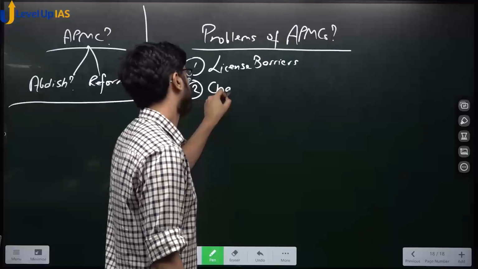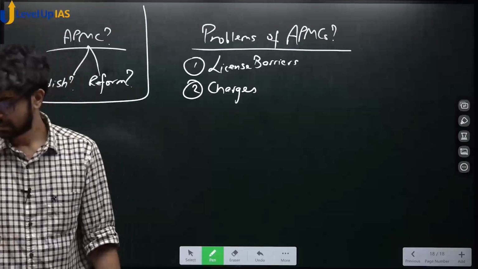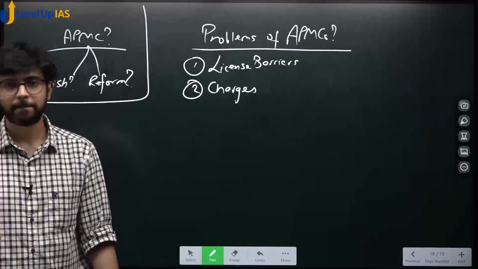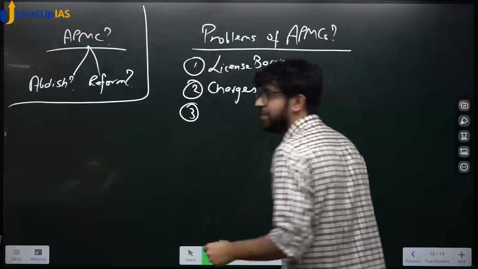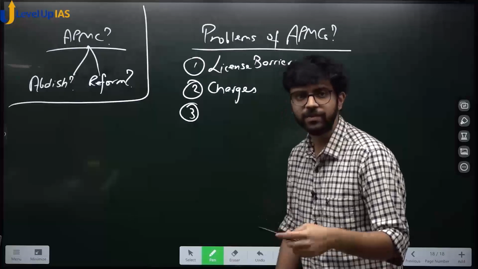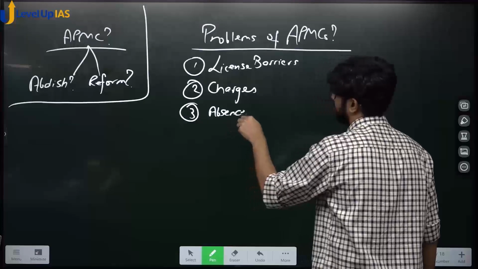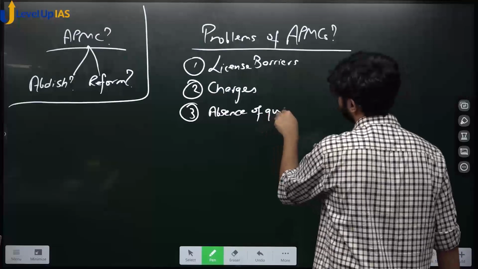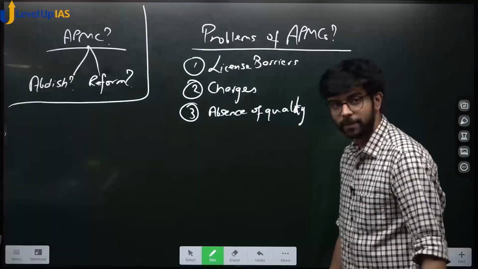Charges, basic word I am writing. Charges very high. Market charges very high. In various APMCs, not all APMCs, in various APMCs, absence of quality checks होता था. If there is no quality checker, क्या होगा? Will the buyer stop coming?